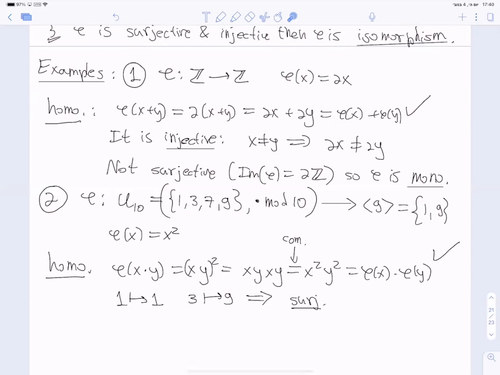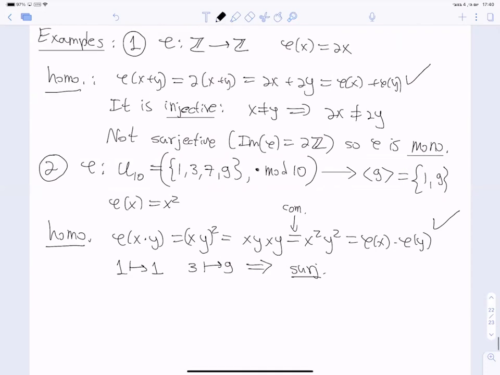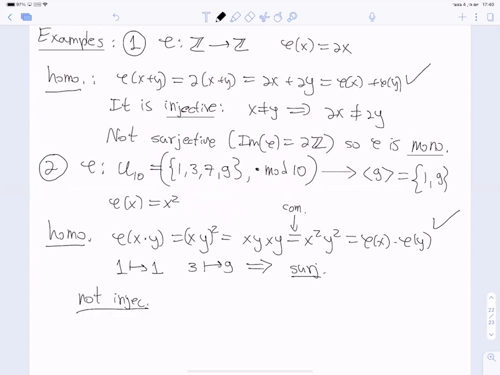I mean, you must have elements that go to the same image. For example, what will be an example?